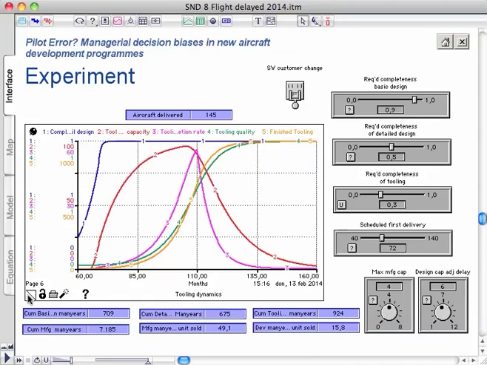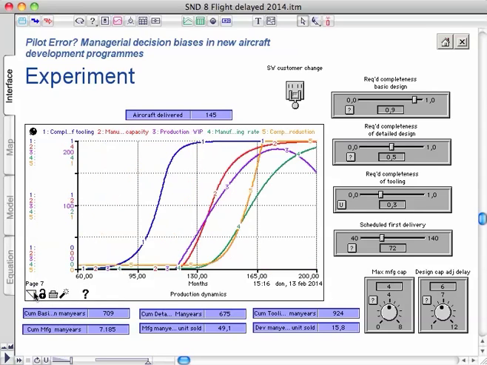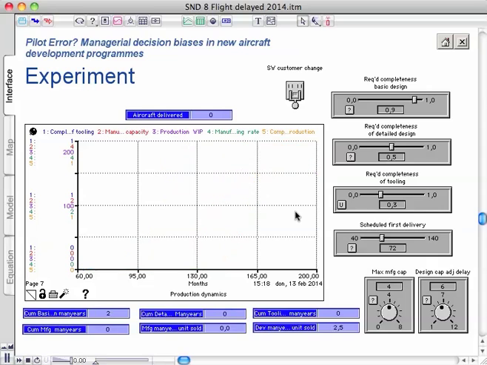Tooling, where's my tooling? This is tooling. So this was tooling with concurrency between basic and detailed design. Now we keep that in original position, but let's see if we have tooling at a very, no, we should look at manufacturing, of course, because manufacturing will change as a result of a lower completion rate of tooling.